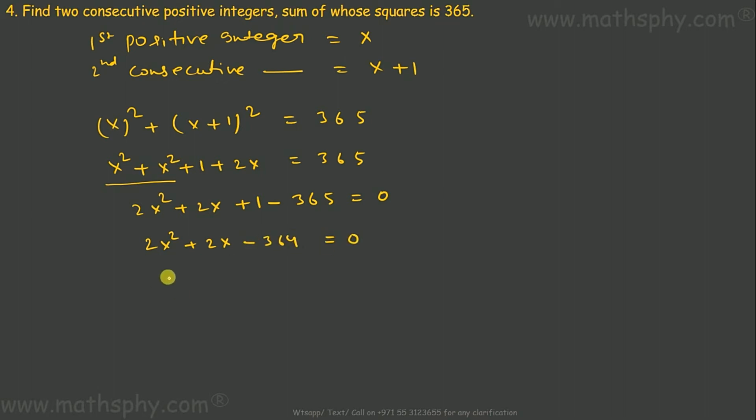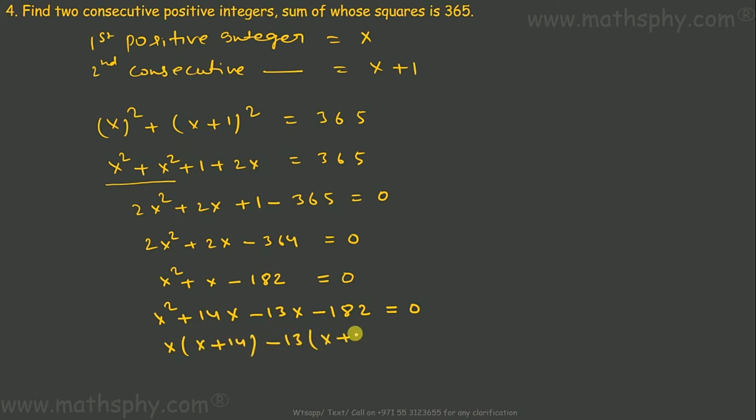Let's take 2 as common. So this will be x squared plus x minus 182 equals 0. I can write this as x squared plus 14x minus 13x minus 182 equals 0. X as common, so x plus 14, negative 13 as common, x plus 14 equals 0.